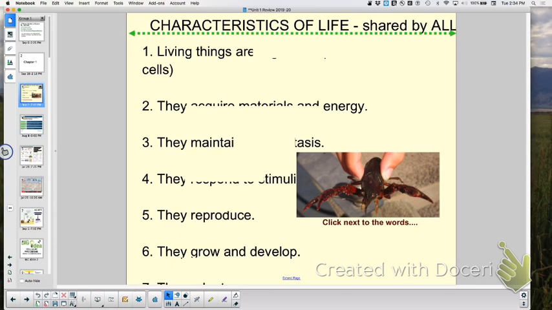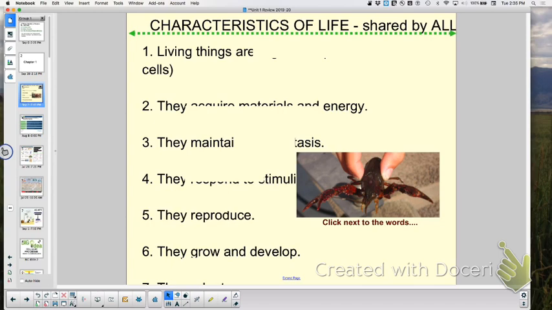Living things are organized, made of cells. They acquire materials and energy. They maintain homeostasis, in so many ways, right? Positive feedback, negative feedback. They respond to stimuli, maybe with a receptor.